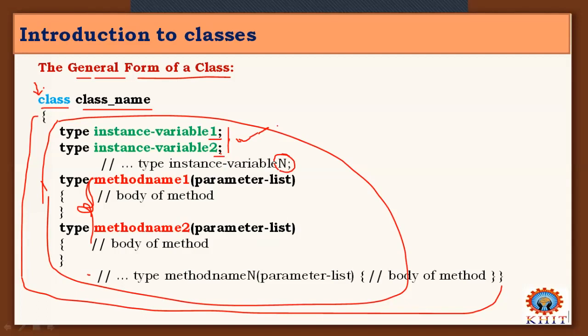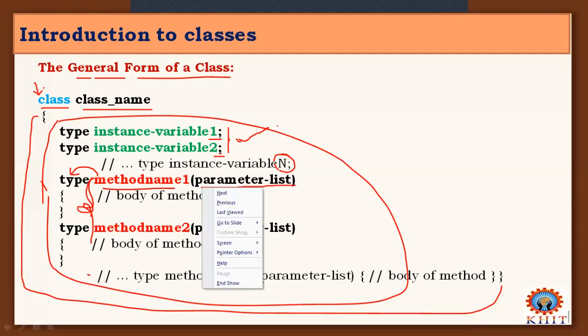In the same way, you can define a method with a method name, and every method, which is nothing but a function, may have a return type and a parameter list in parentheses. This is the declarative part, or definition, of a particular method member defined in a class.